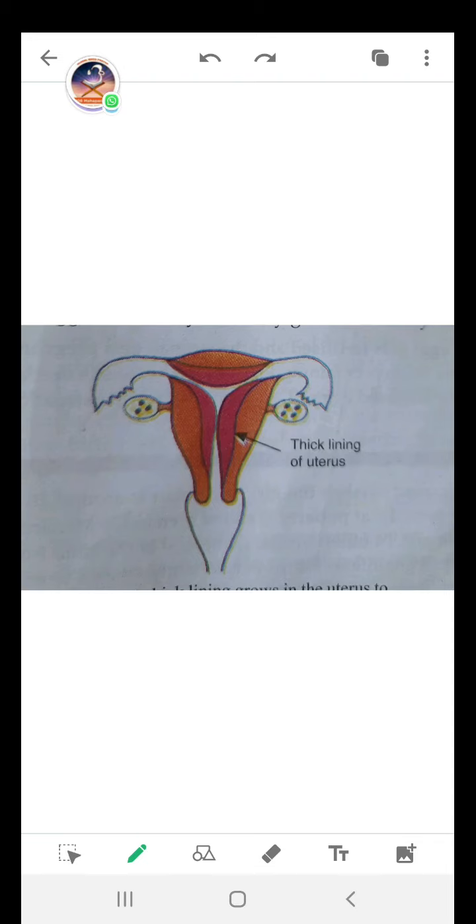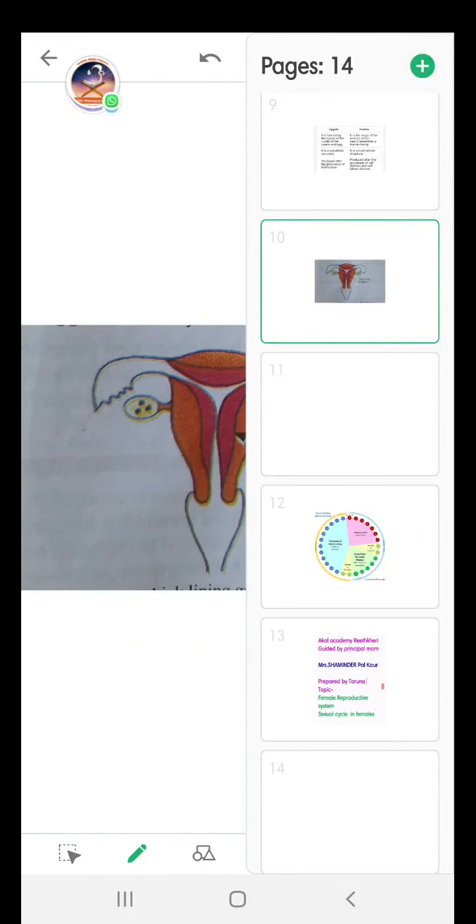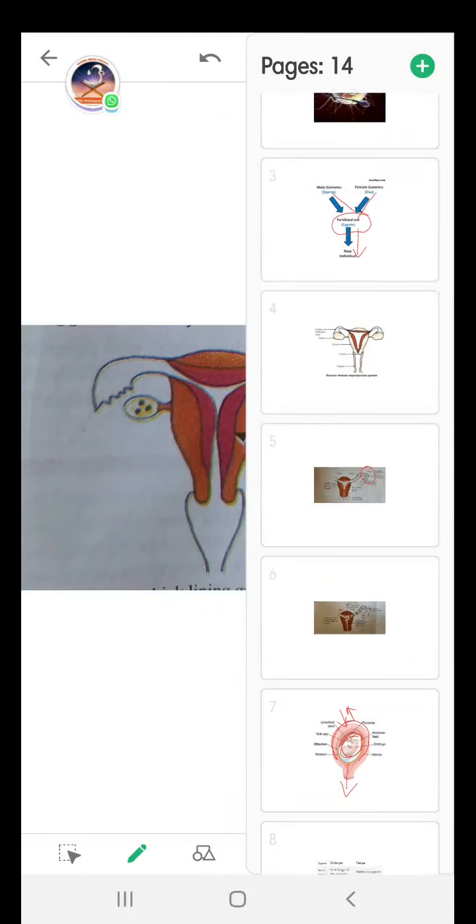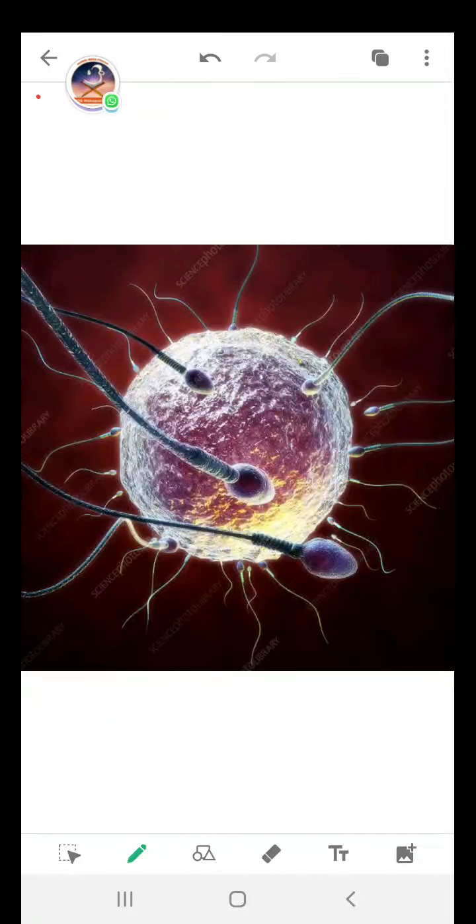So, after the discussion of the menstrual cycle, I will discuss two more important terms, that is menarche and menopause. The first occurrence of menstruation at the age of puberty is called menarche. Menarche is the beginning of the reproductive life of a girl.